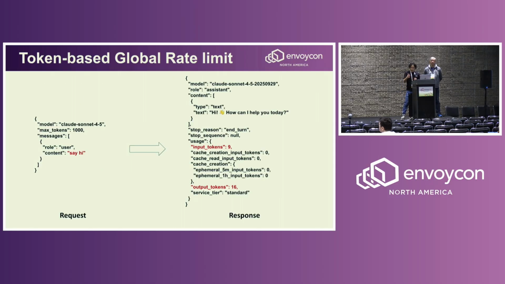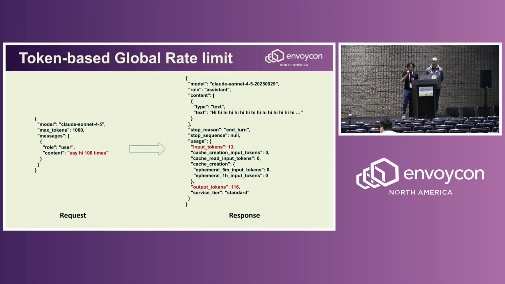So here's an example. This is the Anthropic messages endpoint. When you say hi, the AI responds nicely: Hi, how can I help you today? As you can see in the response body, we have usage information. Input tokens are 9. Output tokens are 16. So I would say it's a very lightweight request-response pair.